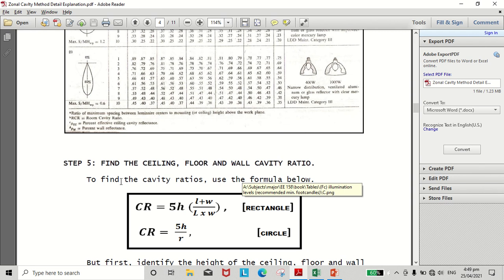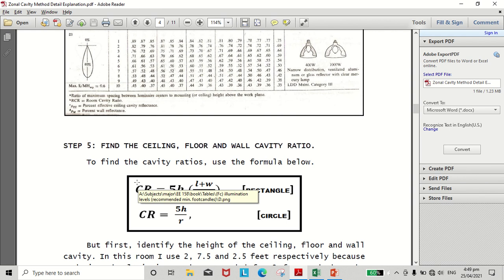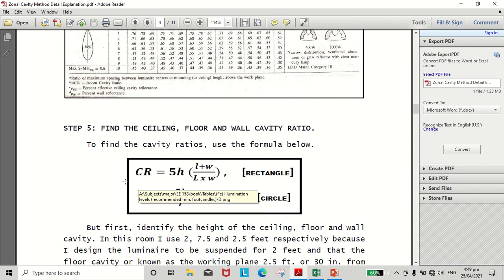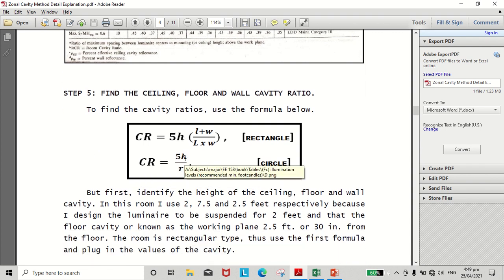Step 5 is the floor and wall cavity ratio. Find the ceiling, floor and wall cavity ratio.